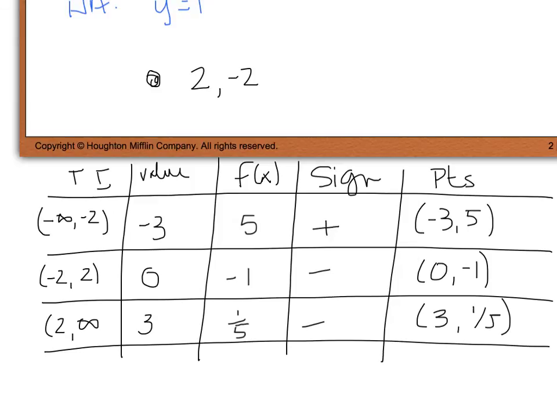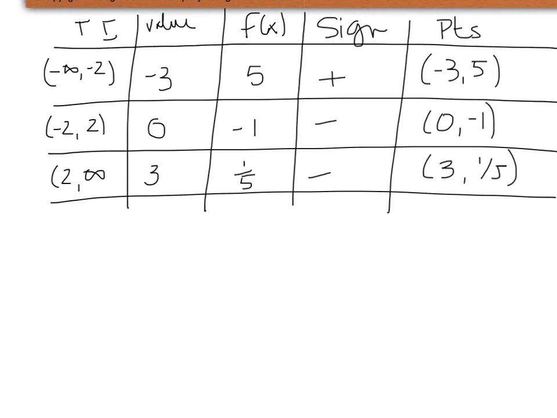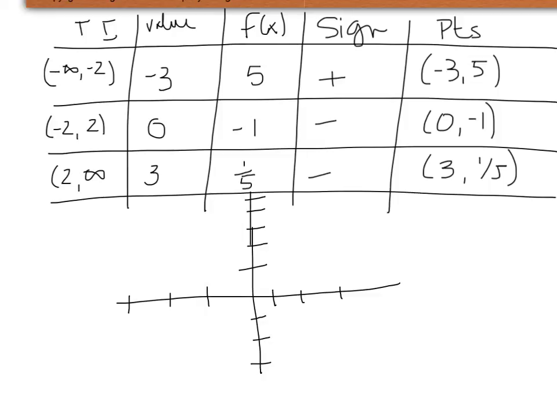So now we're going to sketch this graph. Now when I graph this, my vertical asymptote, we said, is at x equals negative 2.